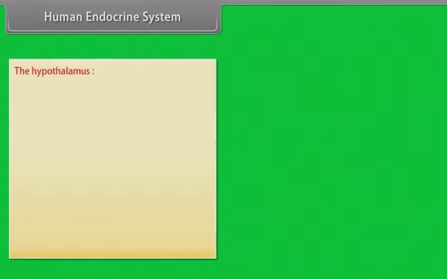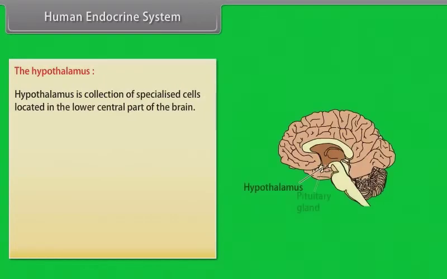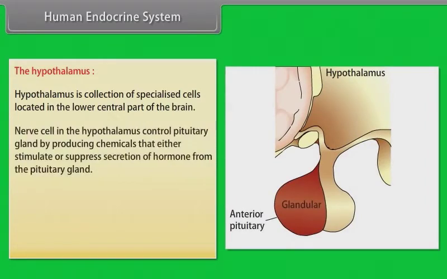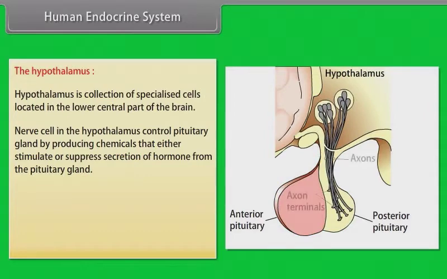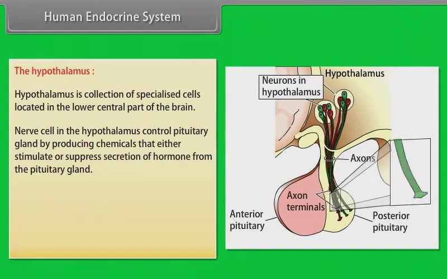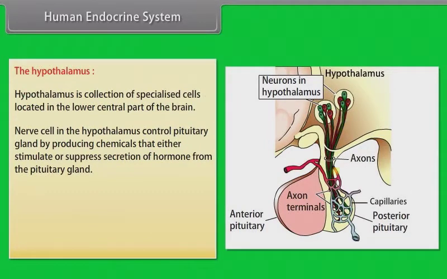The hypothalamus. The hypothalamus is a collection of specialized cells located in the lower central part of the brain. Nerve cells in the hypothalamus control the pituitary gland by producing chemicals that either stimulate or suppress secretion of hormones from the pituitary gland.